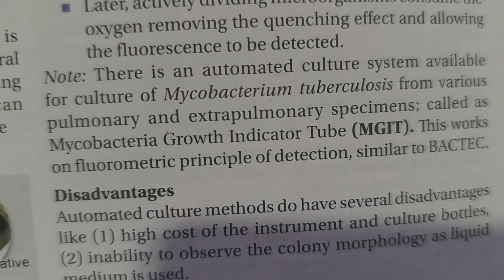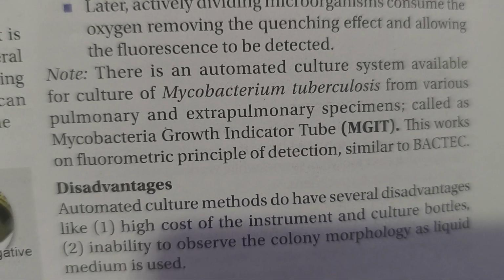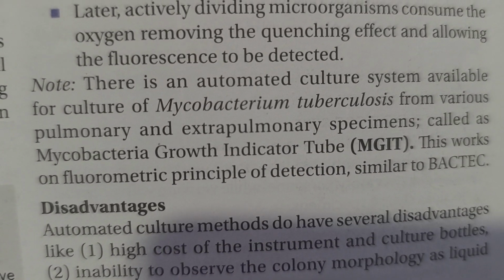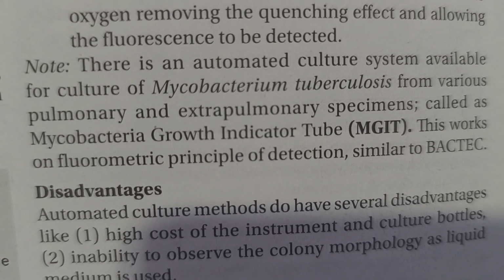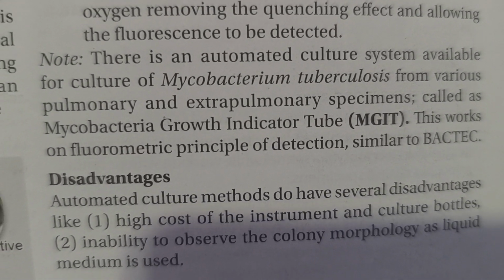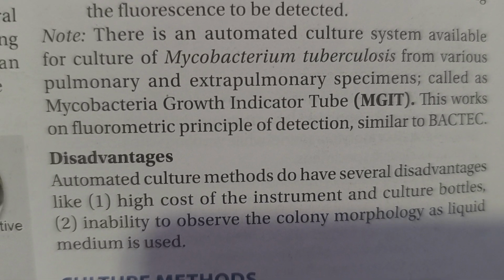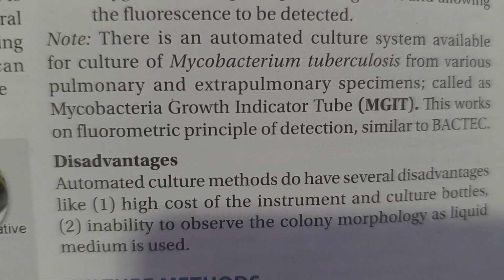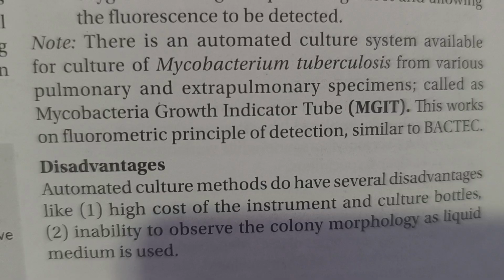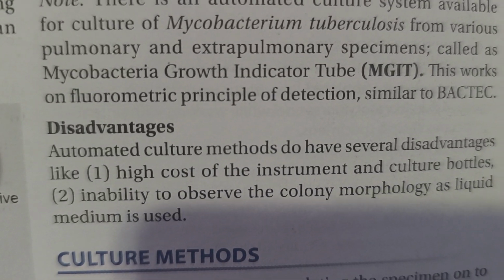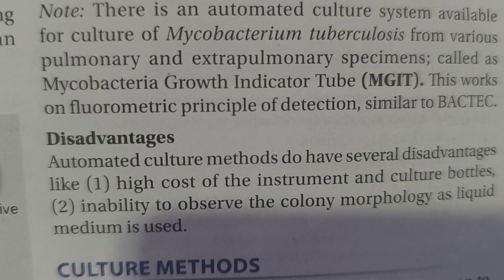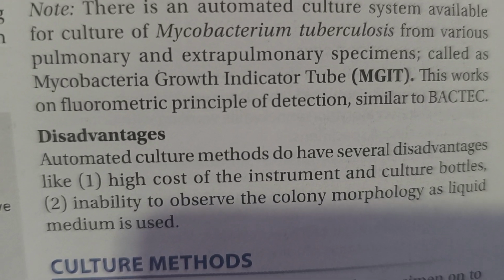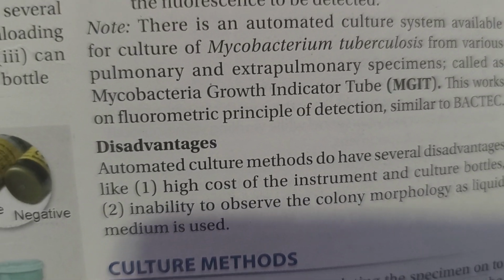be detected. There is an automated culture system available for culture of Mycobacterium tuberculosis from various pulmonary and extrapulmonary specimens called as Mycobacterium growth indicator tube, MGIT. This works on fluorometric principle for detection similar to Bactec.